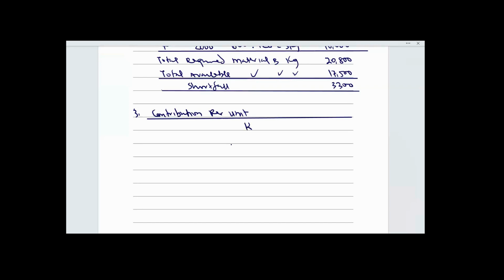For K, T, F, how do I calculate my contribution? In this question, there are two different ways you can calculate your contribution. You can either say contribution is selling price minus variable cost, or the faster approach would be to determine contribution by adding together fixed costs and the profits. So that's what I will do. Instead of selling price minus variable cost, because all those variable costs are many.